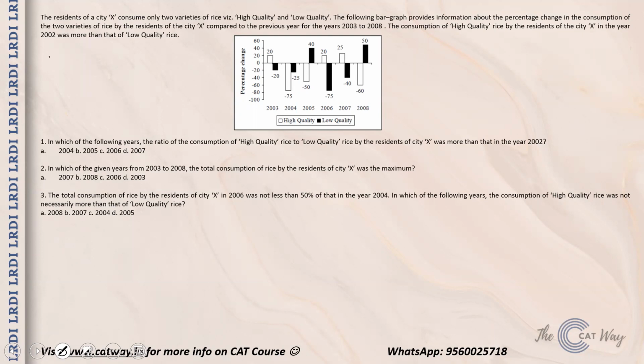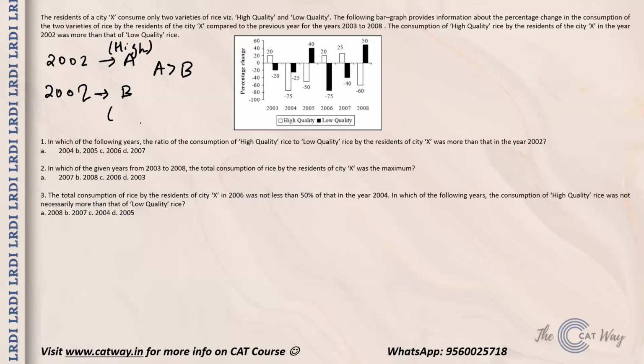Okay, so let's say that in 2002 A is the consumption, and in 2003 let's say B is the consumption. And what we also know is that A is greater than B. Sorry, in 2002 only, it's high and low. So this one is for high and this one is for low quality.